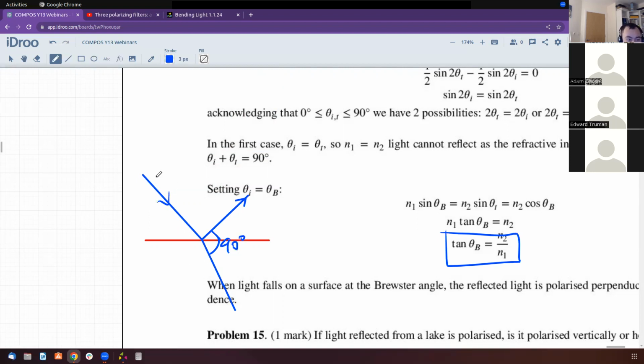So this is the incident, and when this is Brewster's angle, theta Brewster, this is 90 degrees.